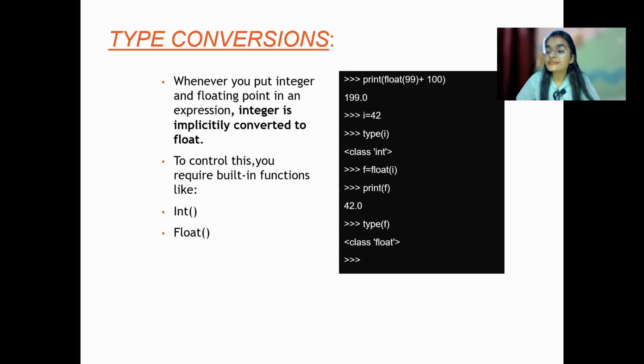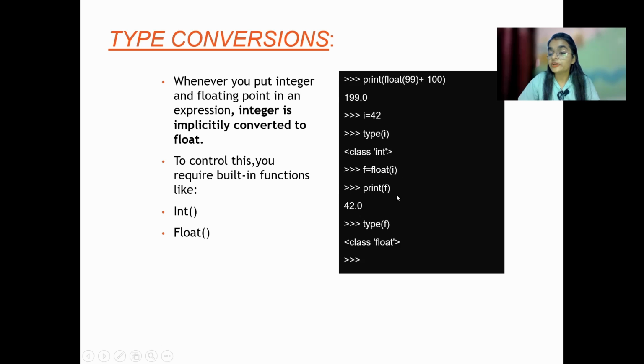Let's take another example, where I have a particular value, I equal to 42, right? I have printed the type of I. Now the type of I is nothing but integer type, right? So when I convert it into a floating point number, like I have declared f is equal to float of I, it means I have converted the integer number to a floating point number.